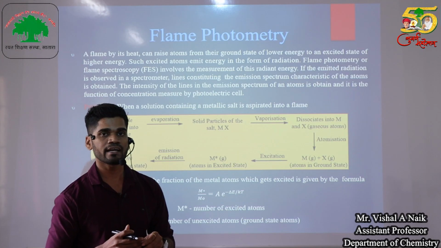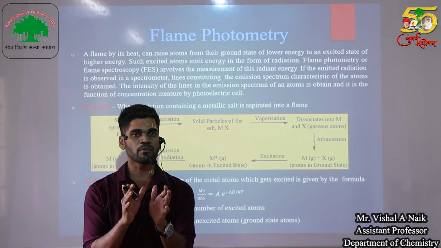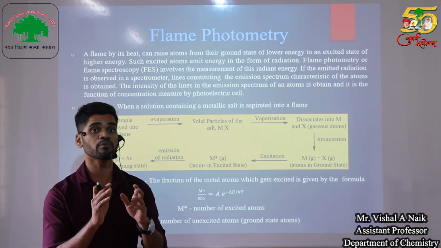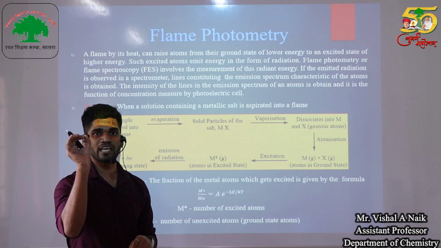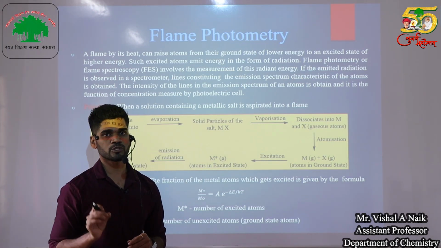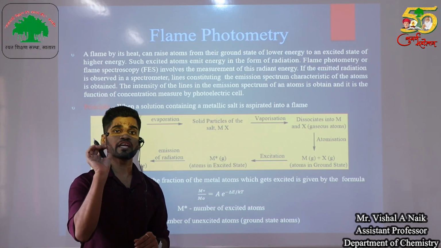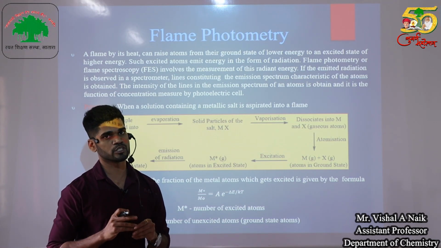After that, the atom comes back to the ground state by emitting some amount of radiation. In flame emission spectrometry, we study that emitted radiation. So always remember that in flame emission spectroscopy, we focus on the emitted radiation. That is the basic principle.